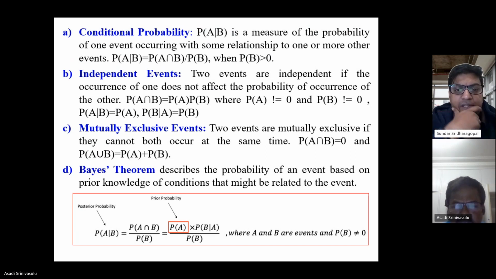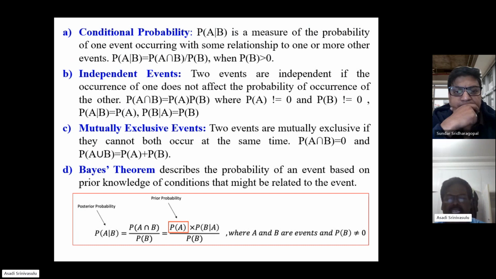But for independent events, you have probability of A and probability of B. So at the bottom it says probability of B over A. Is there a difference between the independent events formula and the Bayes theorem formula? Correct, yes, exactly correct.